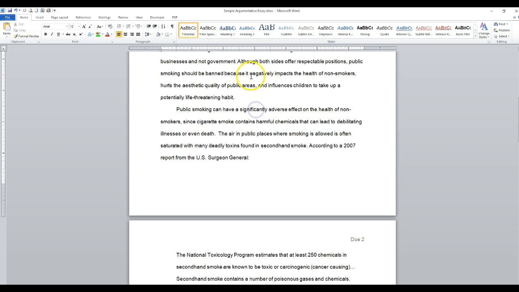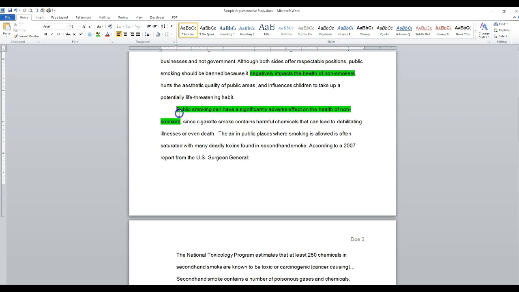The main point, public smoking negatively impacts the health of non-smokers, is also repeated here. So there is continuity between this main point listed in the thesis statement and this main point listed in the topic sentence. The function of the topic sentence is to make sure that the reader knows what's going to take place in the rest of the paragraph.